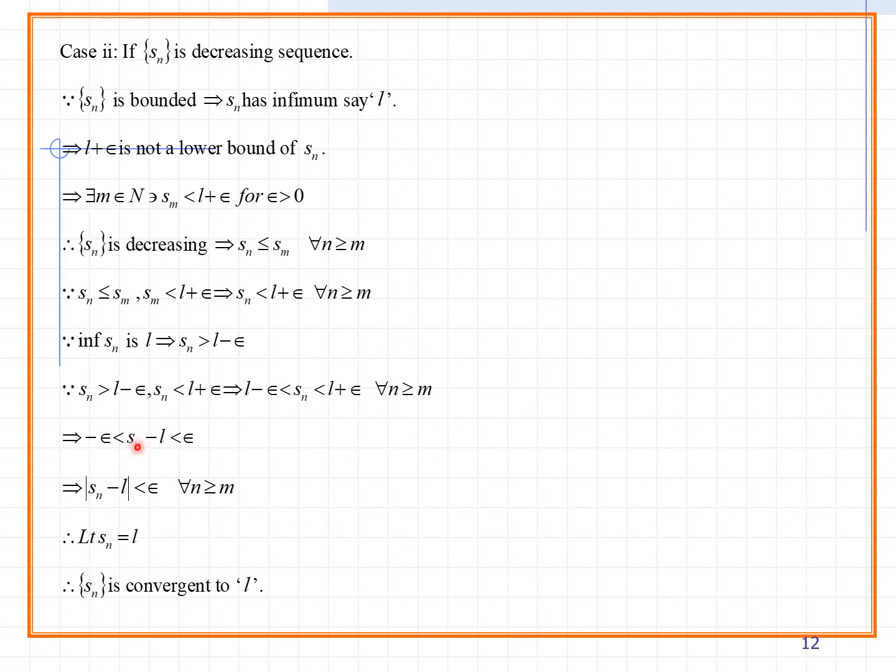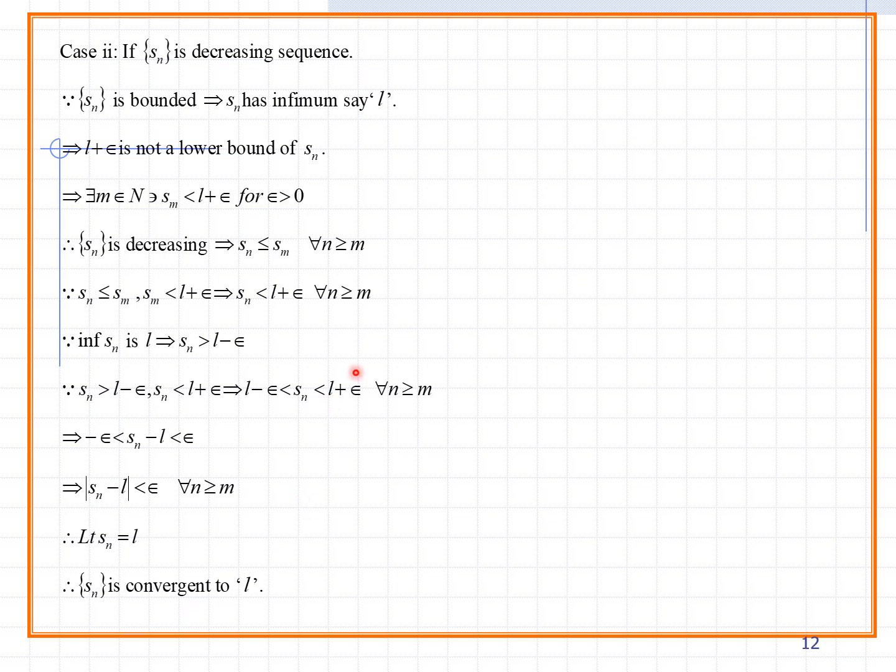Subtracting L on all sides, you get minus epsilon less than Sn minus L less than epsilon. So modulus of Sn minus L is less than epsilon for all n greater than or equal to m. Therefore limit Sn equals L, so the sequence Sn converges to L.